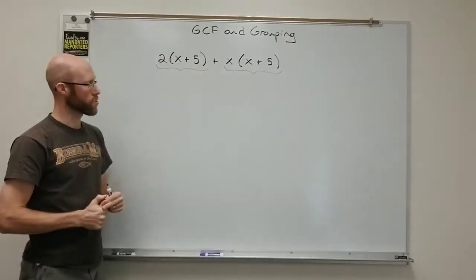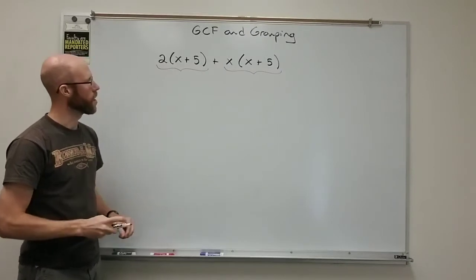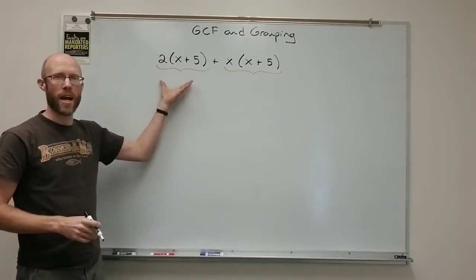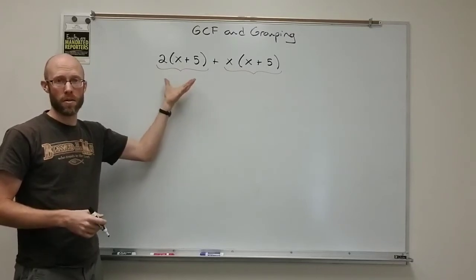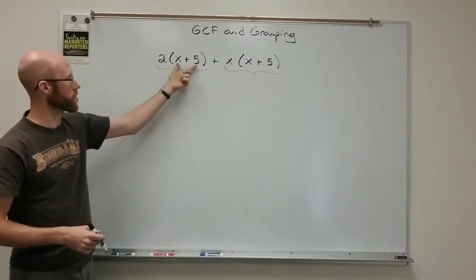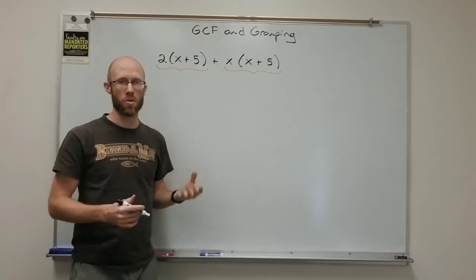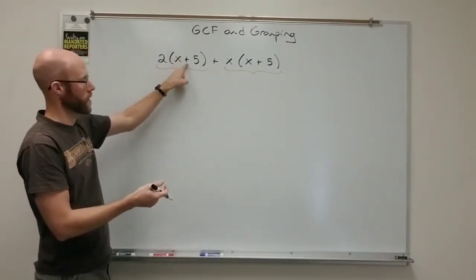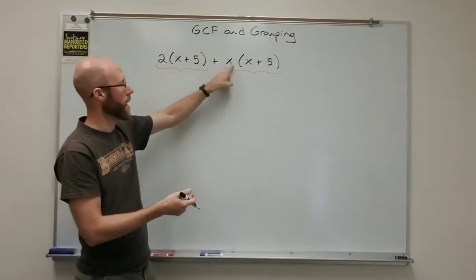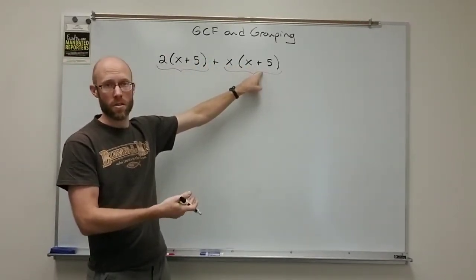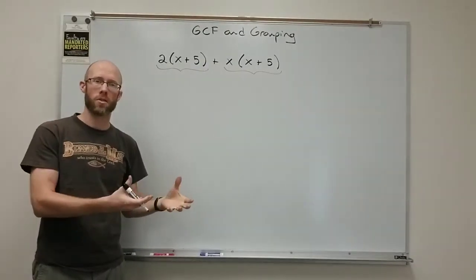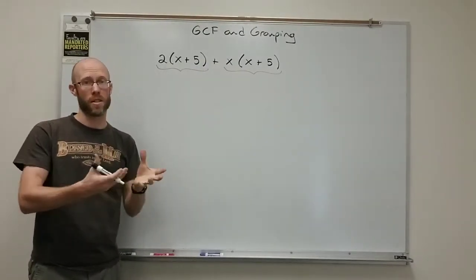And so these two terms are bigger, but they each have a common factor. Together they have a common factor, and it's the x plus 5. So notice that they each have two factors to begin with, 2 and x plus 5 on this first term, and x and x plus 5 on the second term. And so x plus 5 is common, and so you can actually factor out a common factor that's a binomial.